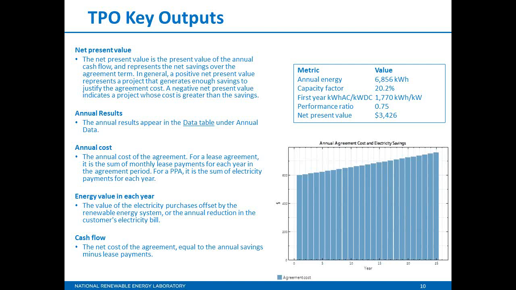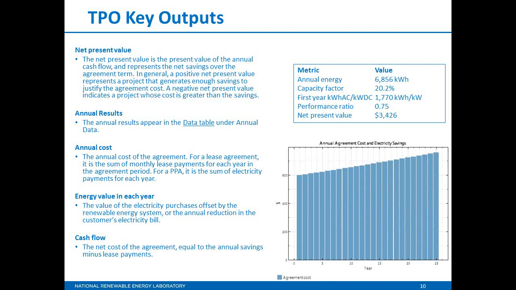And then we do continue to provide more outputs based on the performance of the actual PV system. The annual results appear in the data table, annual cost. So that sums up the annual cost of the agreement based on the production for each year.